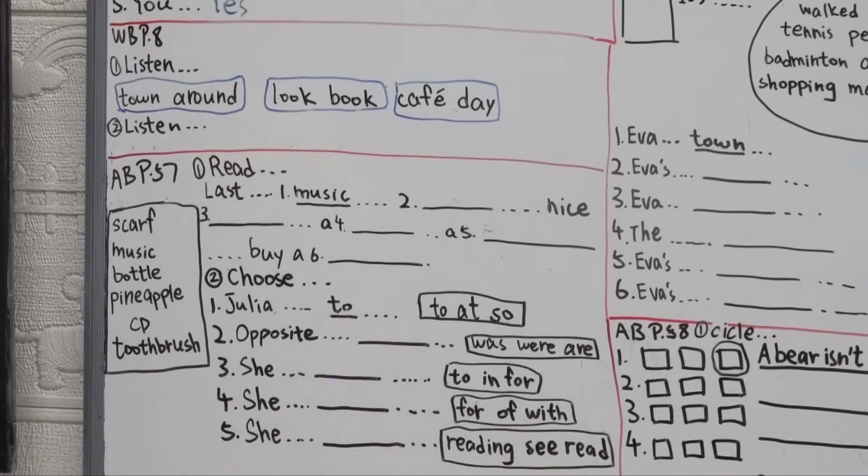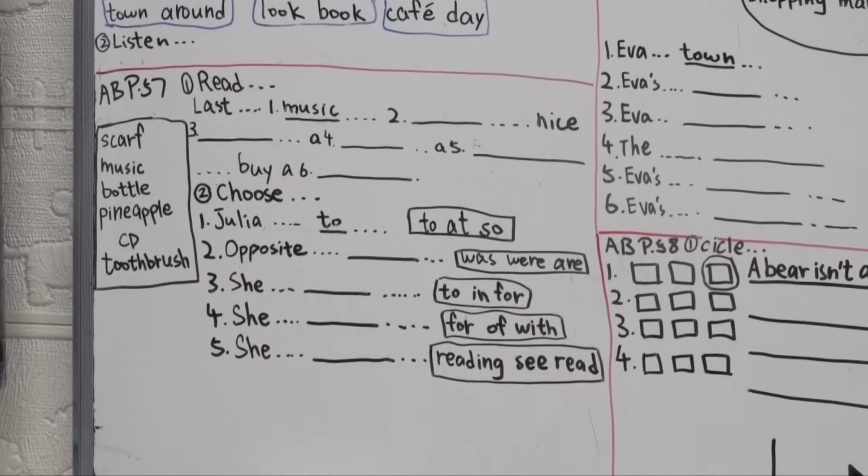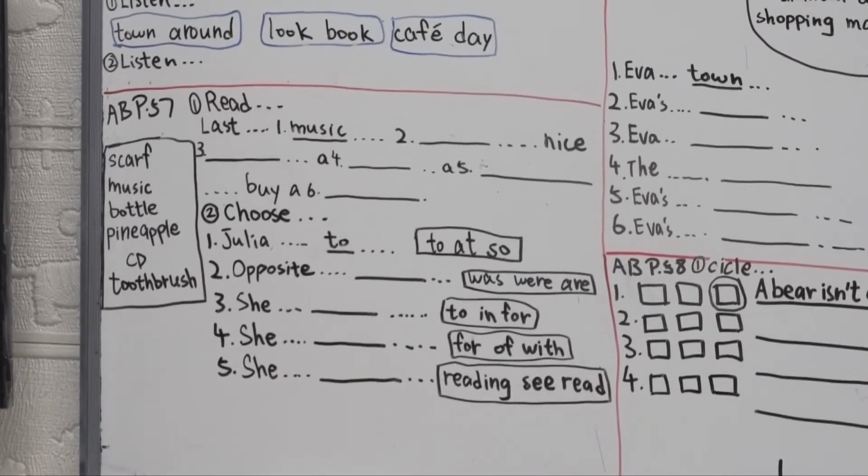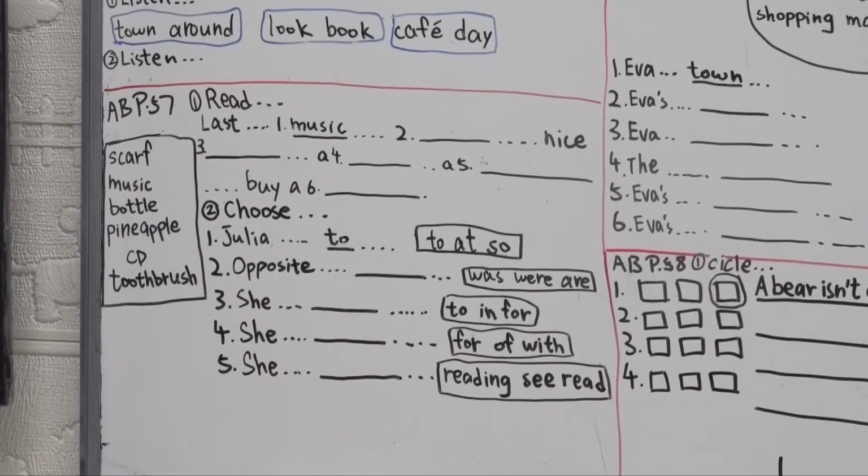Unit 7. Lesson 8. 1. Listen and say. Town. Around. Unit 7. Lesson 8. 2. Listen and sing.